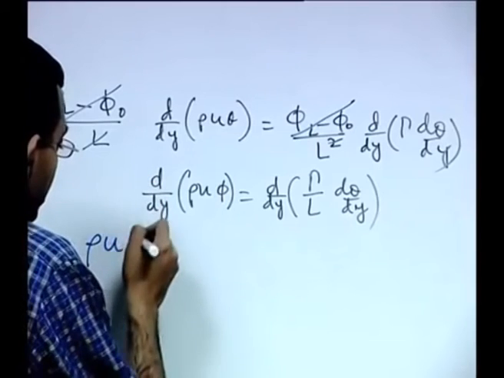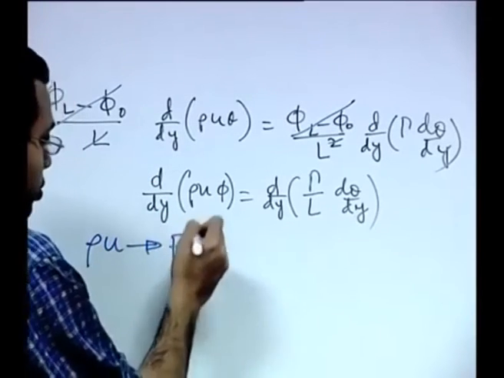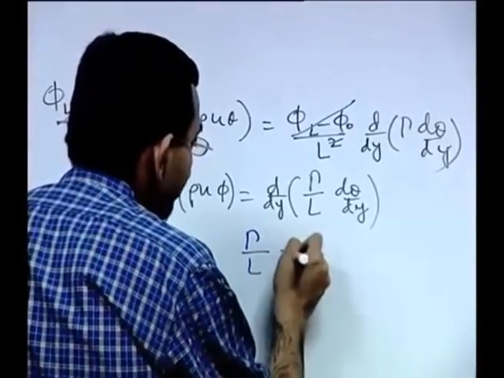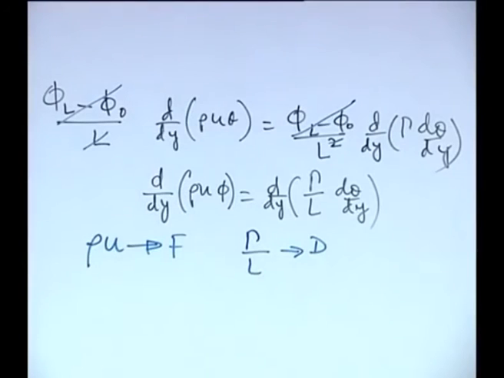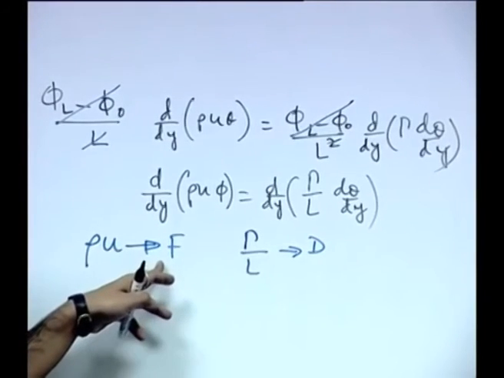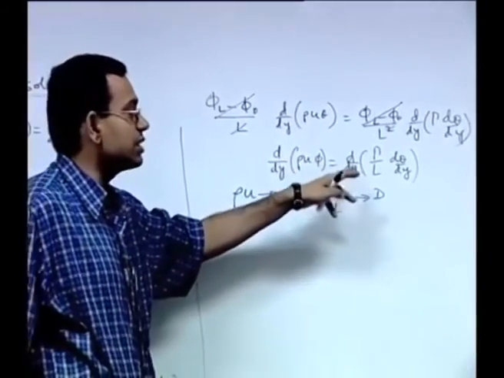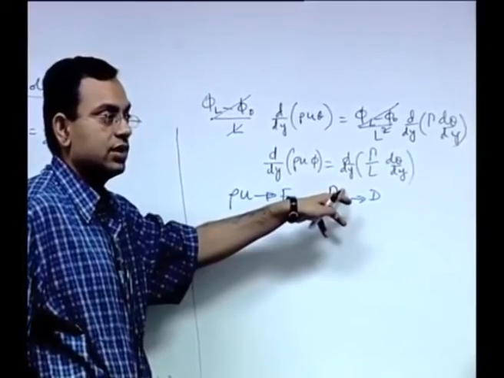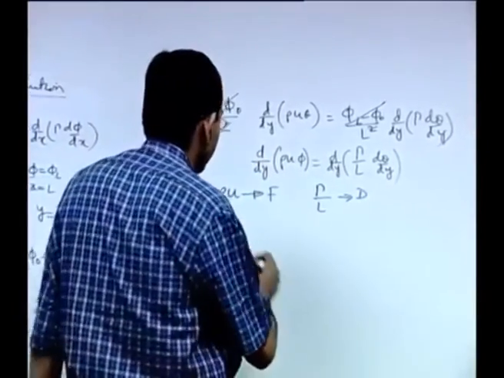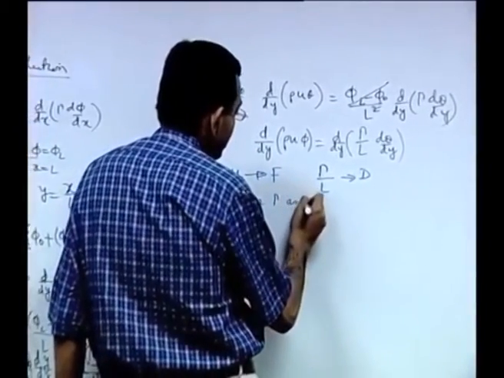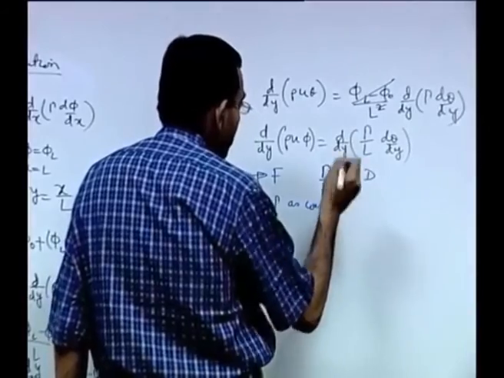From our previous discussions on physical grounds, rho u is the advection strength F and gamma by L is the diffusion strength D. Because d/dx of rho u equal to 0, rho u is a constant, that is F is a constant, but there is no guarantee that D is a constant because gamma may be a function of x. But if you assume that gamma is a constant, then you can treat these as constants. Assume gamma as constant just for simplicity.